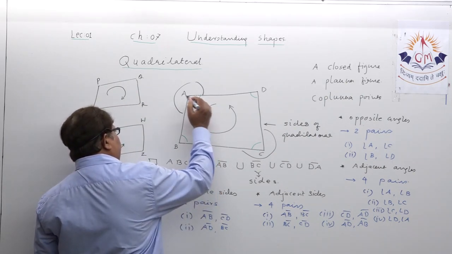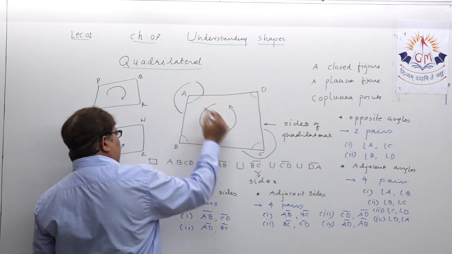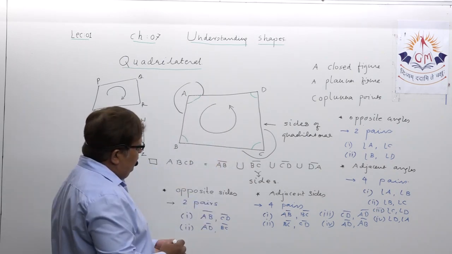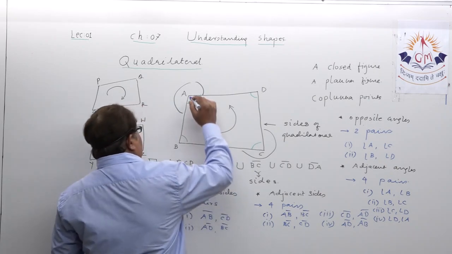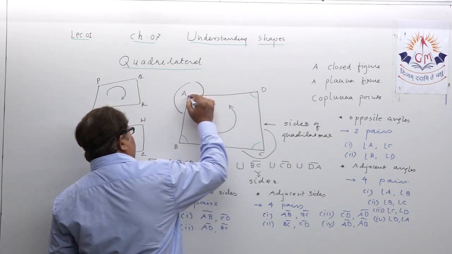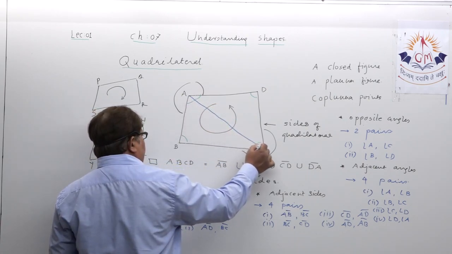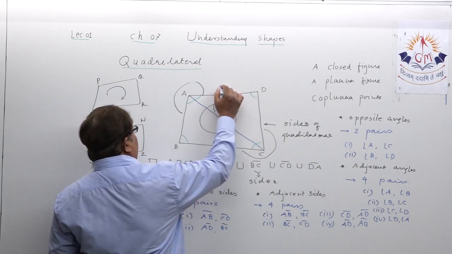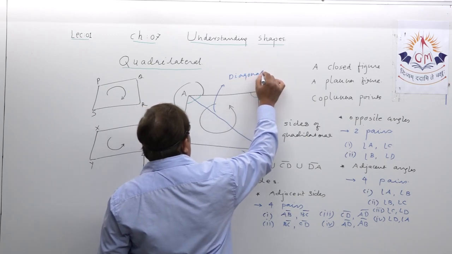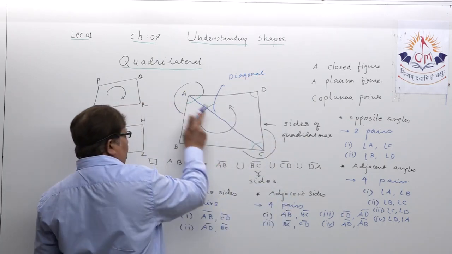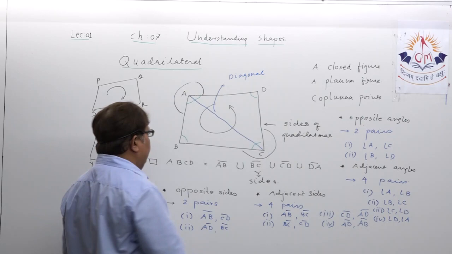Suppose in this, dear student, I just join the opposite vertices. If I join vertex A and C, the line segment which I get is called a diagonal. That you all know, or if you don't know, you should know now. This is called diagonal AC. Understand?